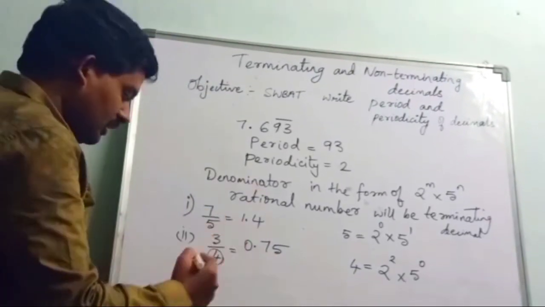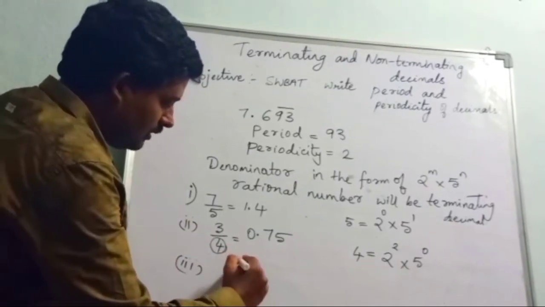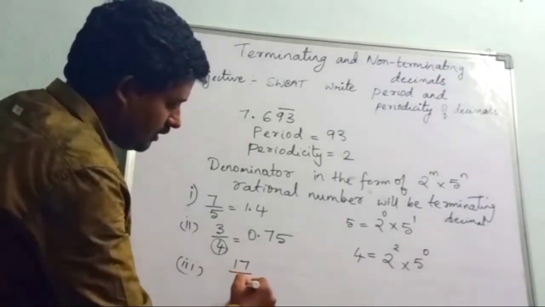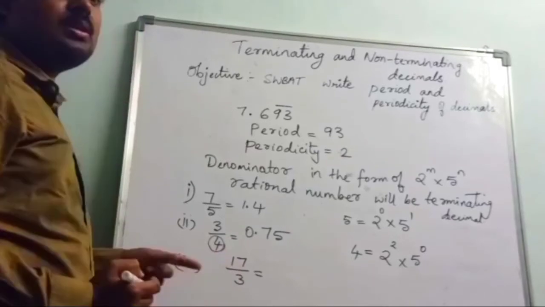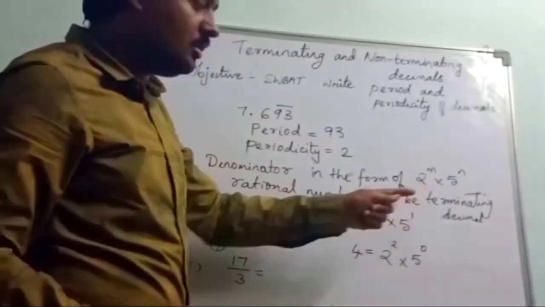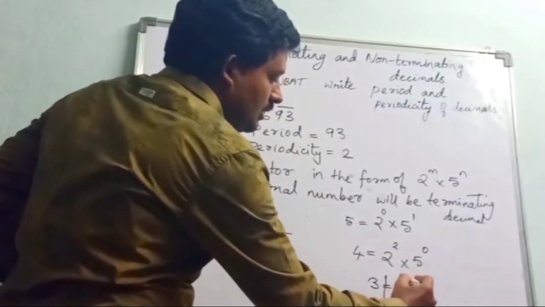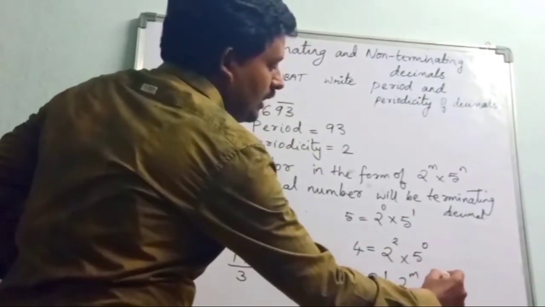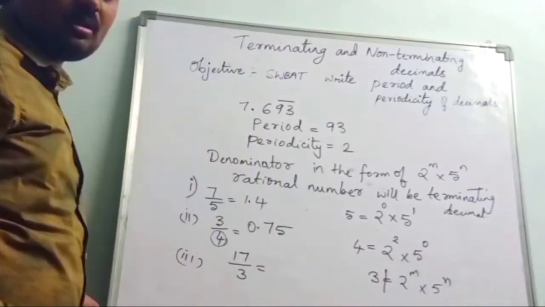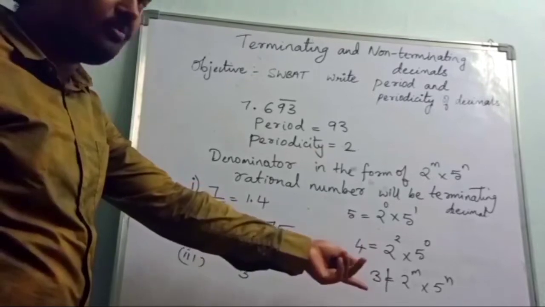Let us take something which doesn't terminate. For example, 17 by 3. Now can 3 be written in this form? 3 cannot be written as 2 power m or 5 power n form, because there is a multiple of 3 involved.